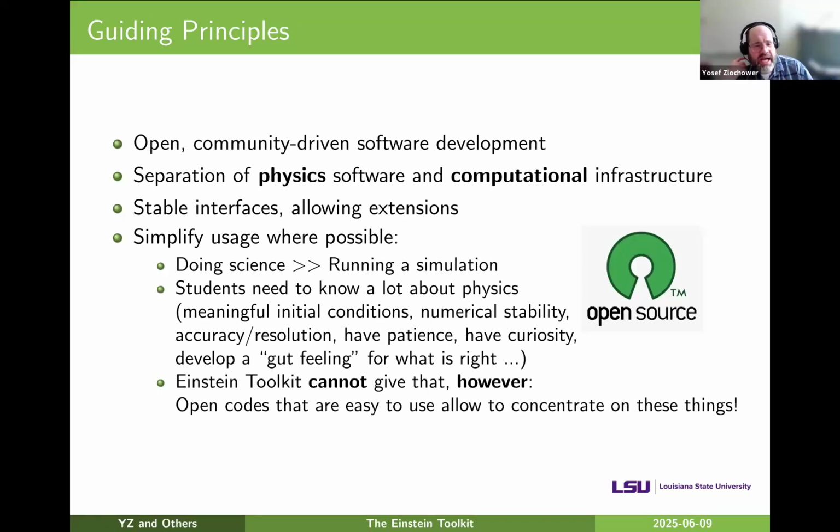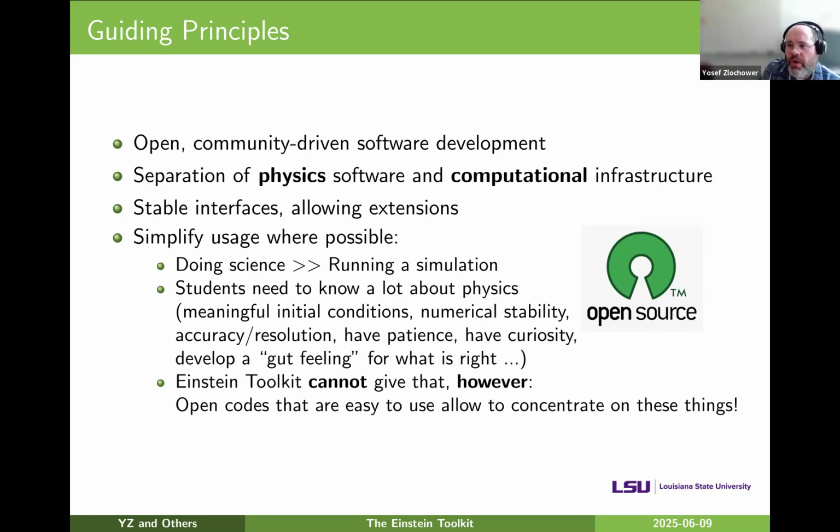So we've talked about some of the guiding principles already. An important thing to recognize is that running a simulation might be relatively easy, but that's not necessarily where the science happens.